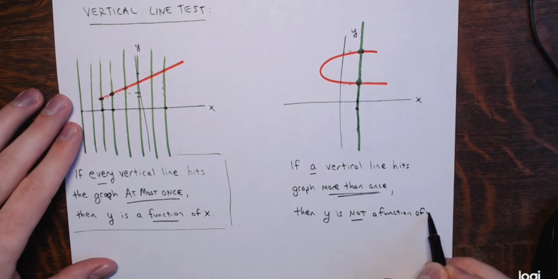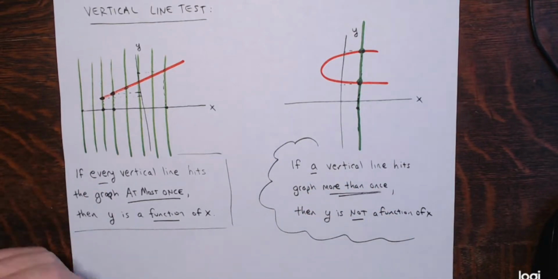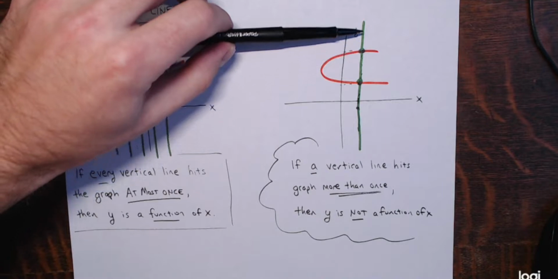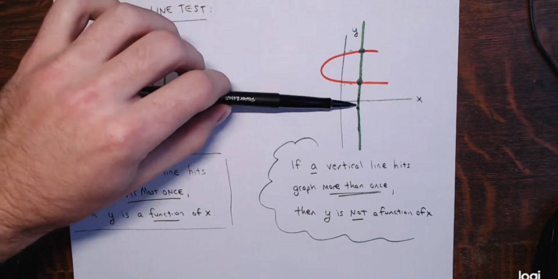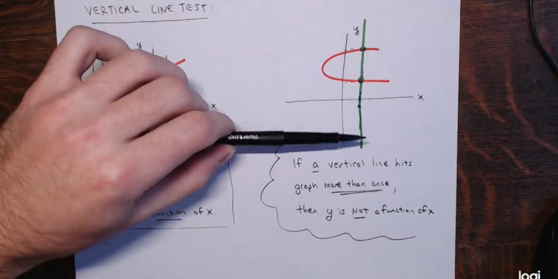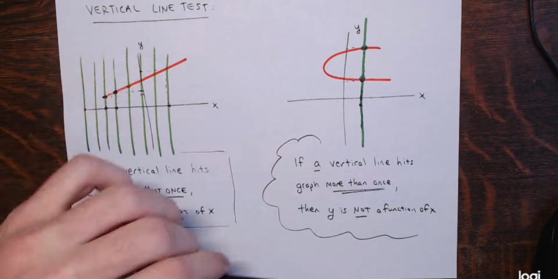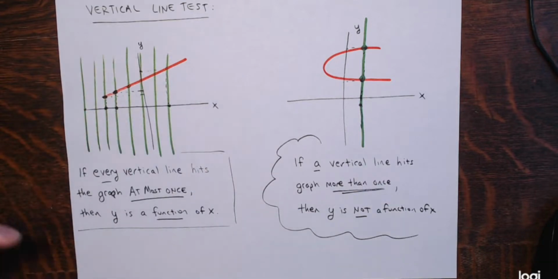Alright, this is kind of like the second part of the vertical line test. Right, because if you draw a vertical line that hits the graph more than once, that means there's a value in the domain that maps to more than one value in the range. There's an input value that maps to or corresponds to more than one output value, and that doesn't happen in functions. Every domain value should map to exactly one range value in a function.